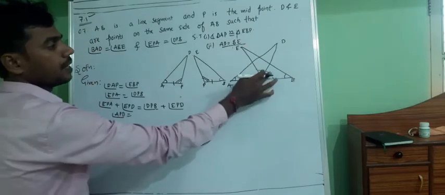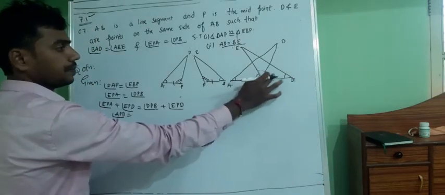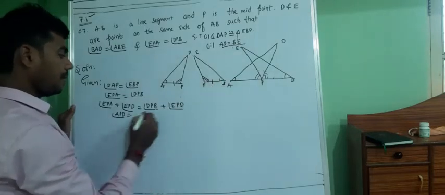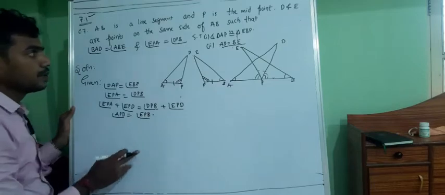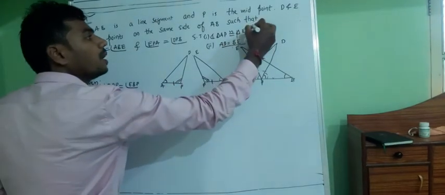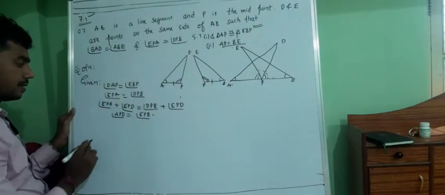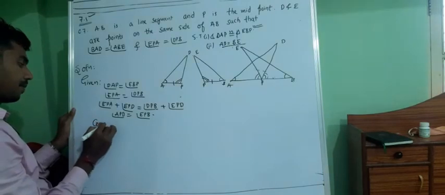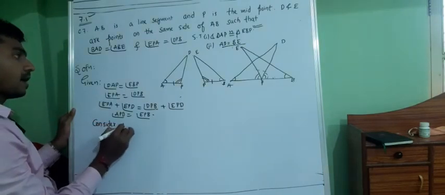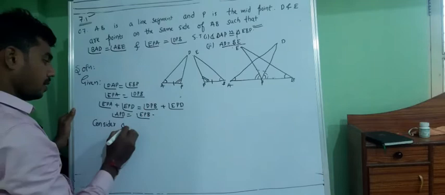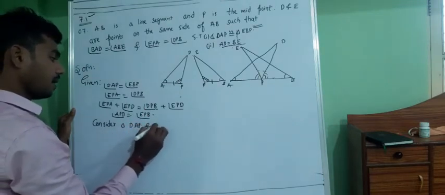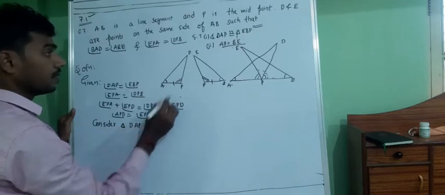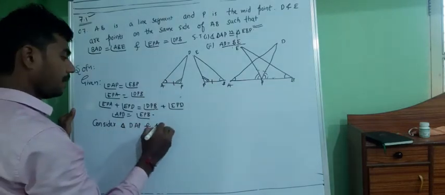Okay. So that only I am going to write now. So EPB. Fine. So to prove the congruency, I need to consider these two triangles. Consider triangle DAP and triangle EBP.